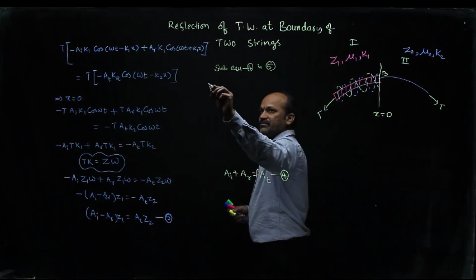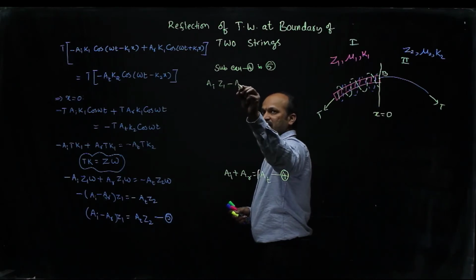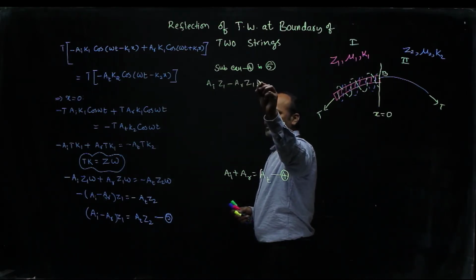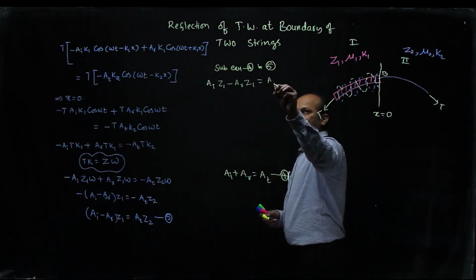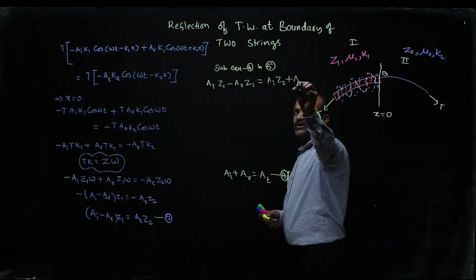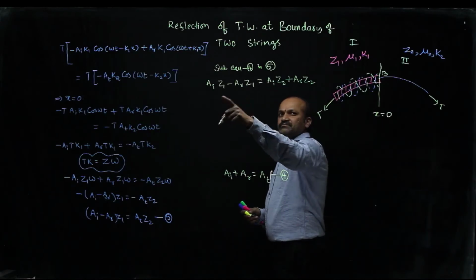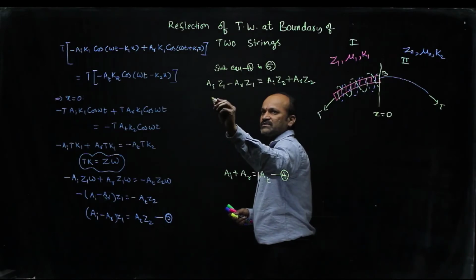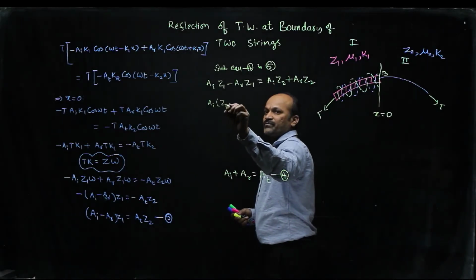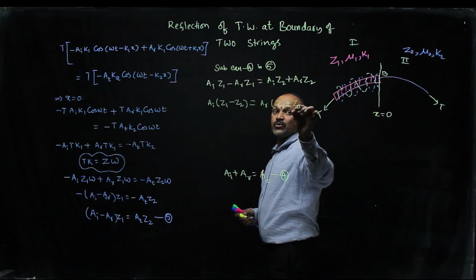So Ai Z1 minus Ar Z1 is equal to At, which is Ai plus Ar, so Ai Z2 plus Ar Z2. Now we will take Ai and Ar common: on this side Ai times (Z1 minus Z2) is equal to Ar times (Z1 plus Z2).